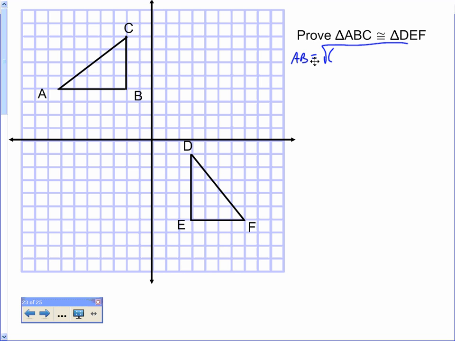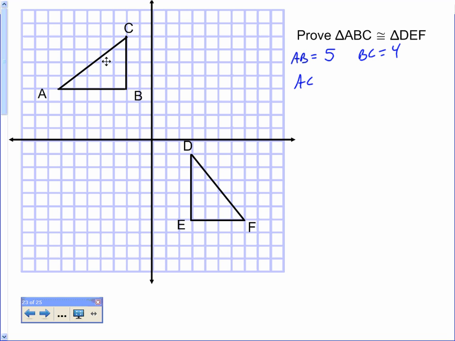Now, AB is actually easier than that because it's on a nice horizontal surface for us, so I can just count the squares. 1, 2, 3, 4, 5. AB is 5. I can do the same thing for BC. BC is 1, 2, 3, 4.